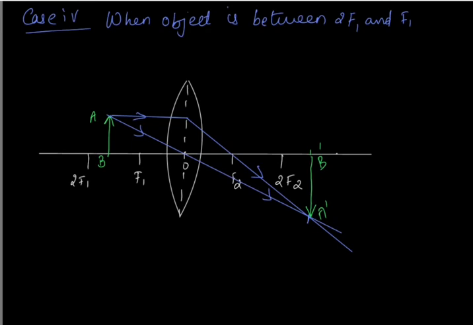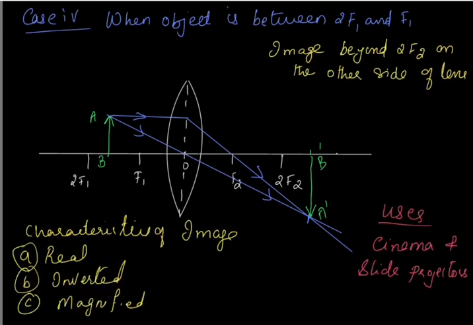So we can write the position and characteristics of the image. The position of the image is beyond 2f2 as mentioned earlier. Characteristics: it is a real image because it is formed by the actual meeting of two refracted rays. It is an inverted image, that is A dash B dash is inverted, and it is magnified, meaning the size of the image is larger than that of the object.